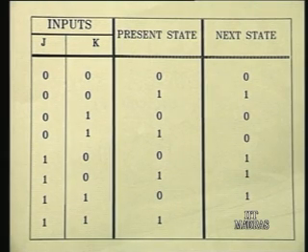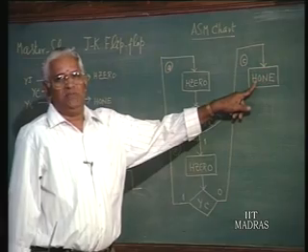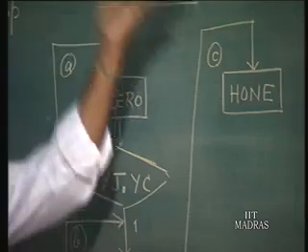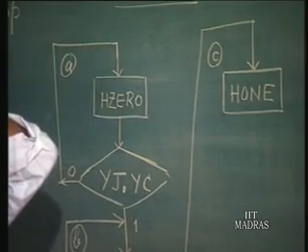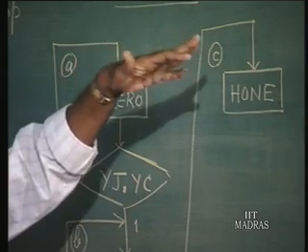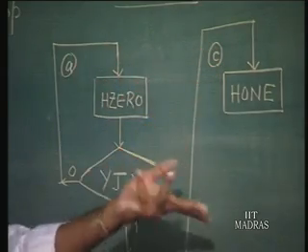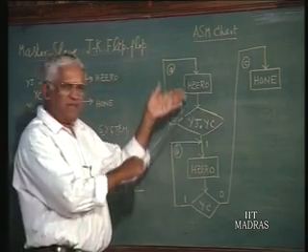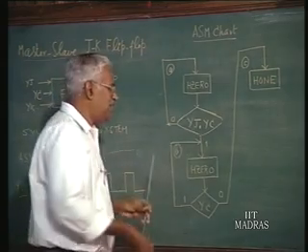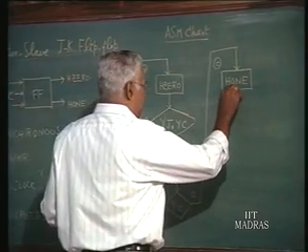Agreed? So for the 1 to 0 transition, that is, in a state where we have the output H1, when it has to go to another state in which it generates the output 0, it is not going to depend on J, like what we had earlier. It's something like what you may call asymmetrical.